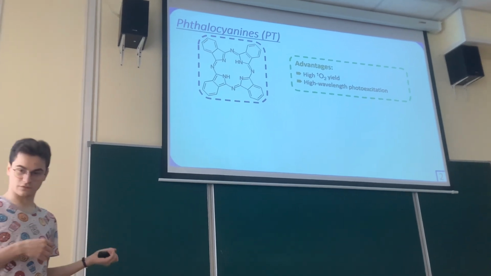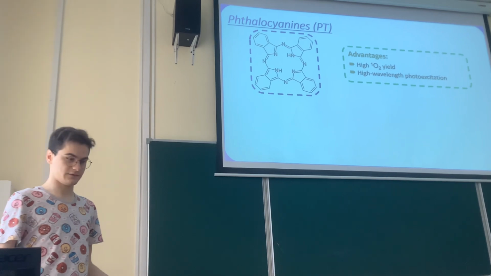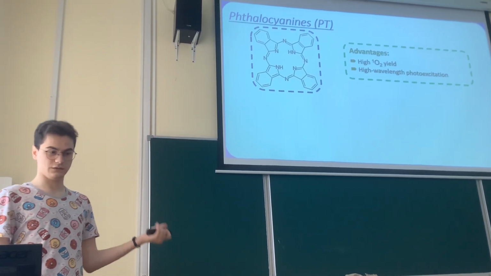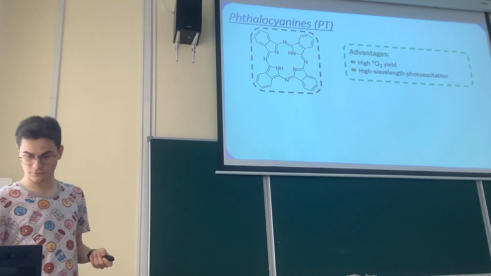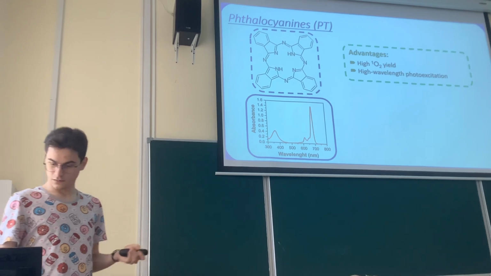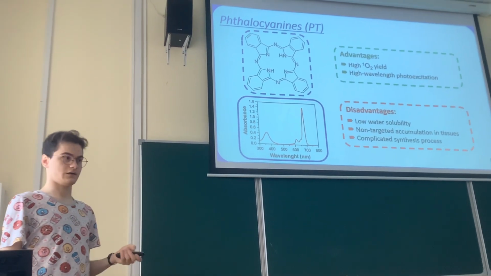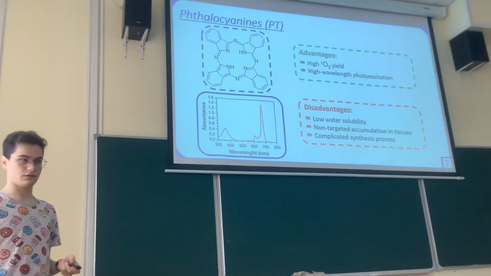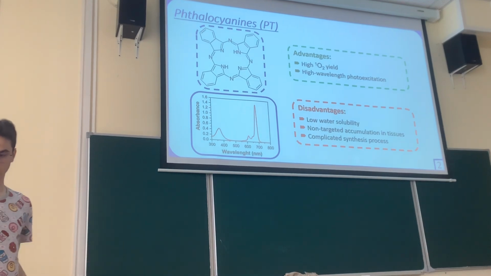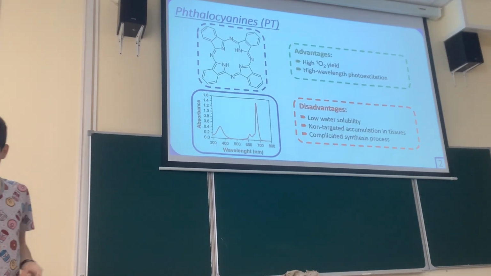One of the possible PS to implement are phthalocyanines. They have some major advantages, like a high yield of singlet oxygen and an absorption peak in a higher wavelength area. However, there are major disadvantages, such as low water solubility. They are unable to selectively accumulate in the tumor, and they have a complicated synthesis process.